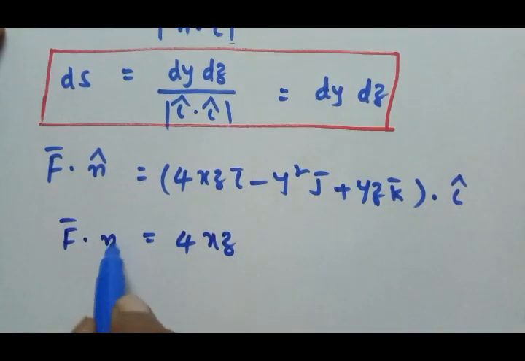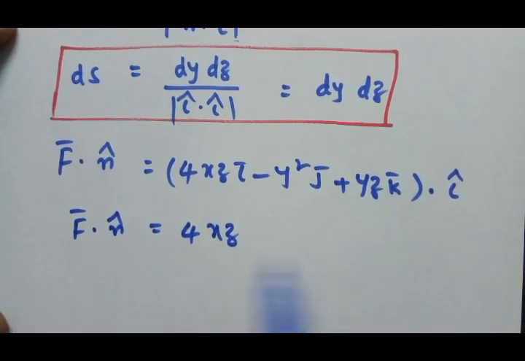Therefore f bar dot n cap is equal to 4xz.